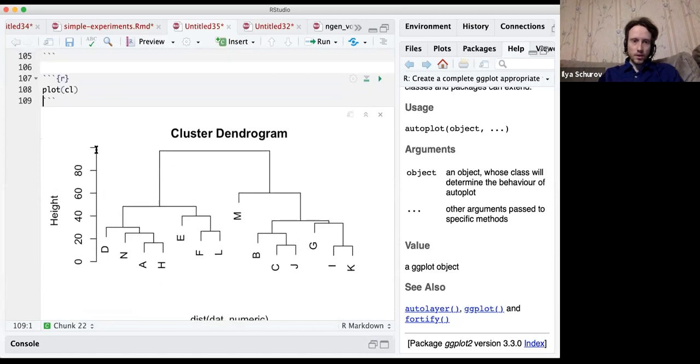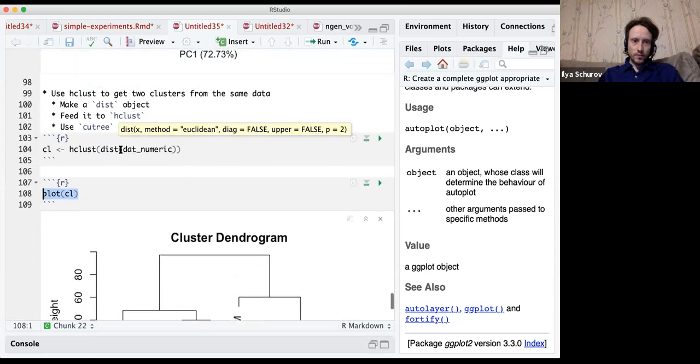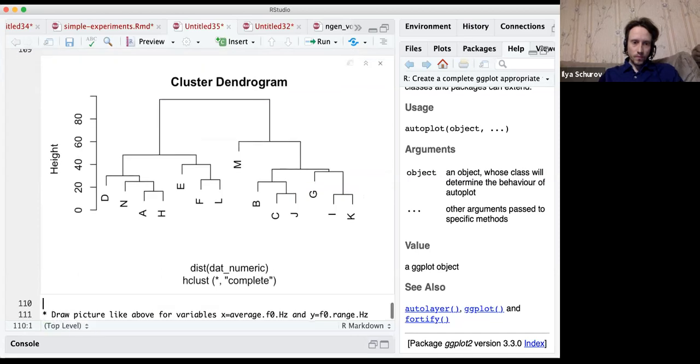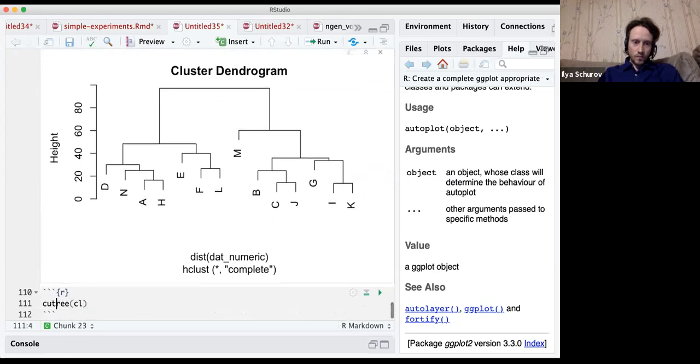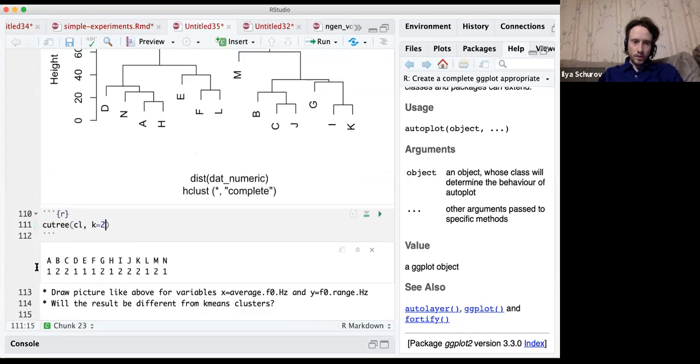But anyway, now we can use cutree. We have to specify a number of clusters. So we get this result of clusterization.